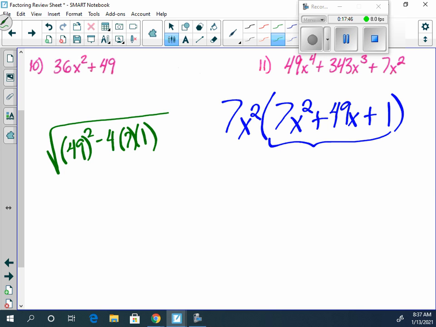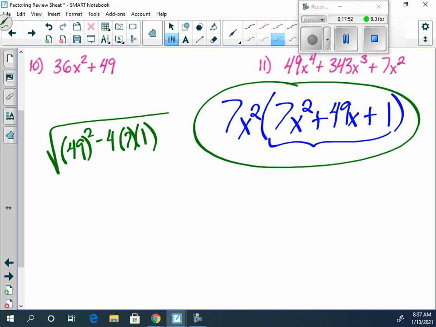But this here is going to give us a non-repeating, non-terminating decimal. So this here is as factored as it gets. Some of these will show up where you just factor something out of all three terms, and that's it. But I'm not going to make one like problem number 10, where it's not factorable at all, because that is as simplified as it gets.